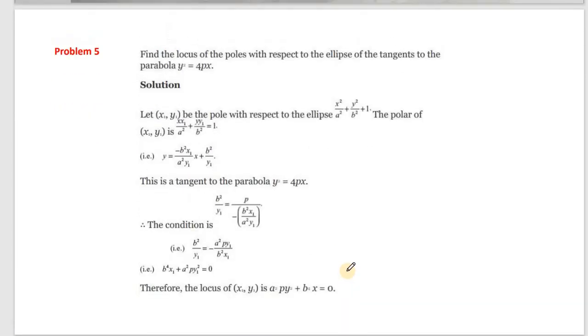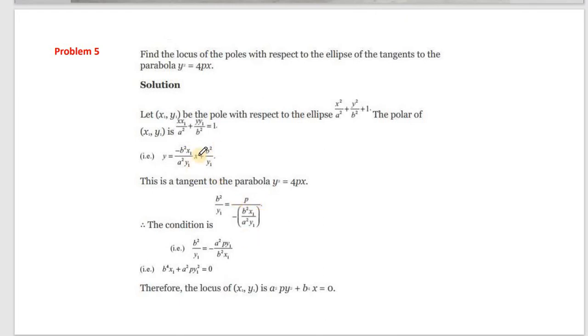Next is find the locus of poles with respect to the ellipse of tangents to the parabola. So the polar with respect to the ellipse, meaning xx1 by a square plus yy1 by b square equal to 1, you need to consider, and that touches the parabola y square is equal to 4px. If it is y square is equal to 4ax, c is equal to a by m, and here it is c is equal to p by m.